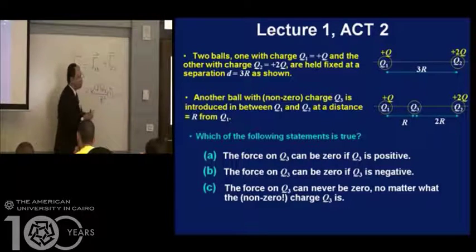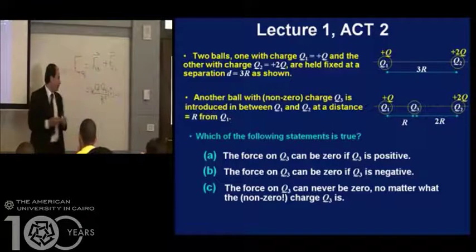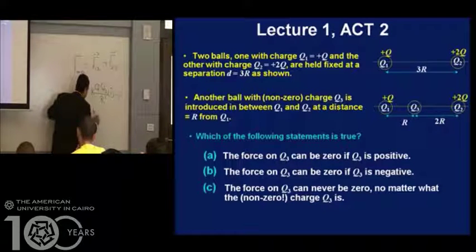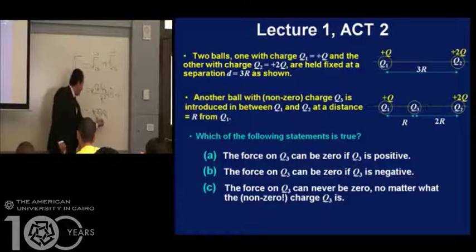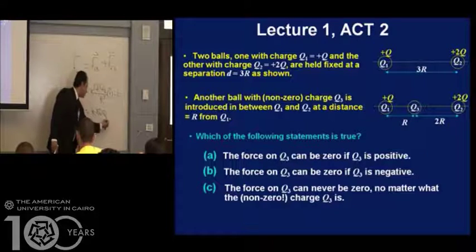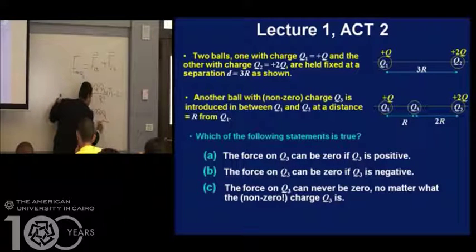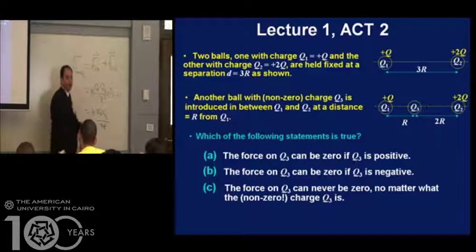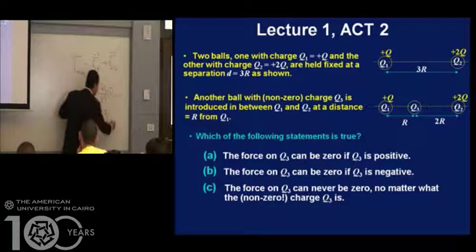what is the force from Q2 on Q3? Right? That's Q2 times Q3 divided by 2R all squared, that's 4R squared. And in what direction?